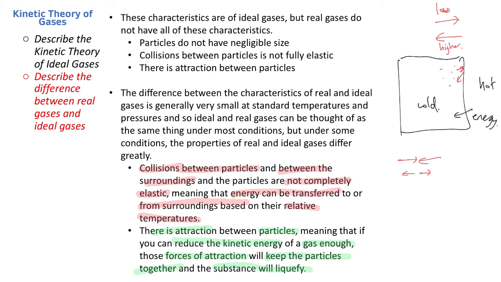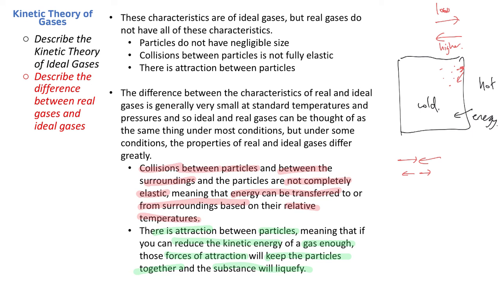Which is what we talked about at the very beginning, that the kinetic energy of a substance is only one part of why it's a solid, liquid, or gas, or the melting and boiling point of it. The other idea is that the amount of attraction between the particles determines whether it'll be a solid, liquid, or gas.